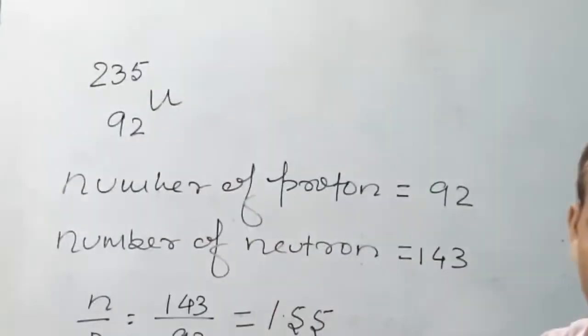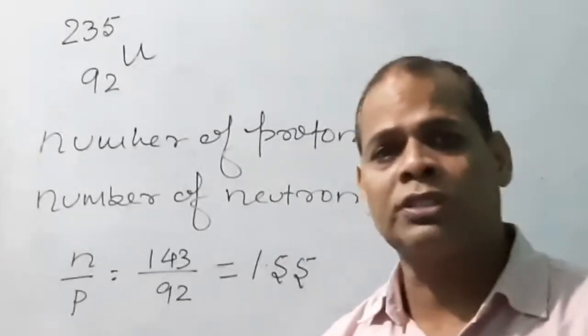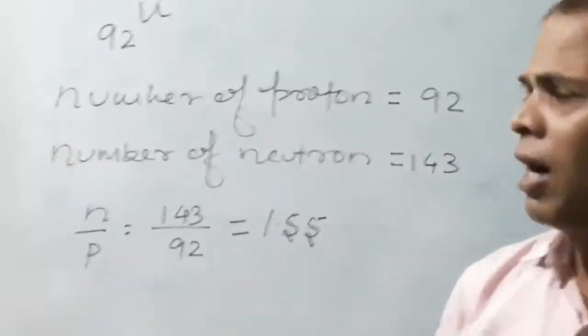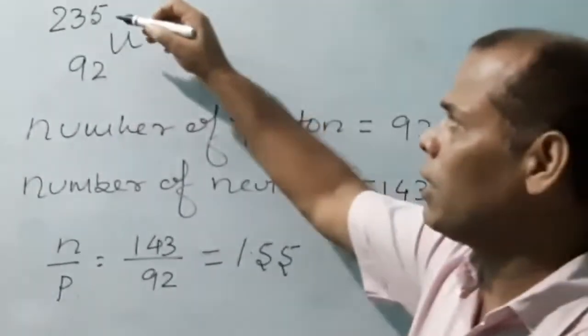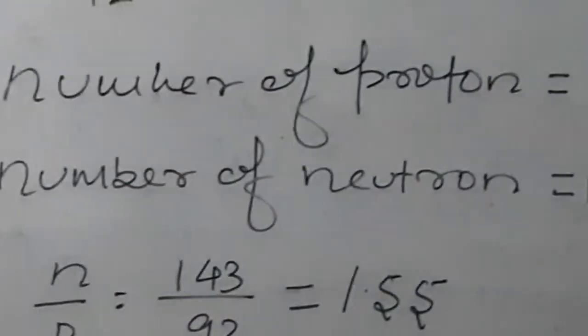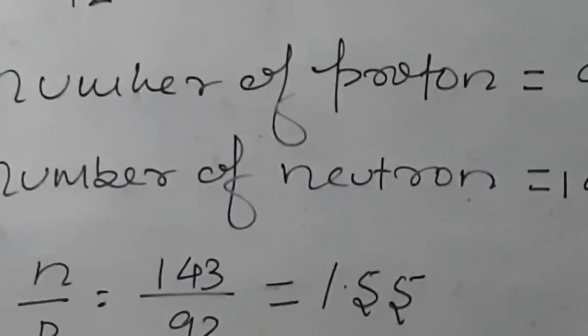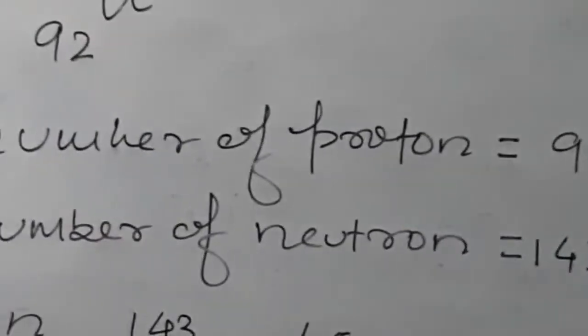In order to find out number of neutron, you need to subtract the atomic number from the atomic mass. When you subtract 92 from 235, it gives you 143. That is the number of neutron present in the nucleus of uranium atom.